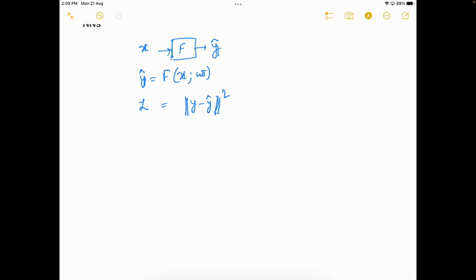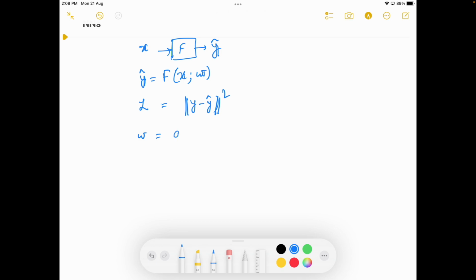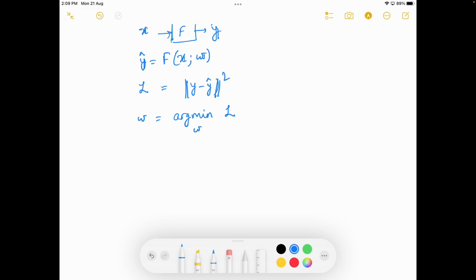So I want to find that W which minimizes the loss function, right? And the loss function is basically a function of W. Other things are almost constant, like y hat, x, y.